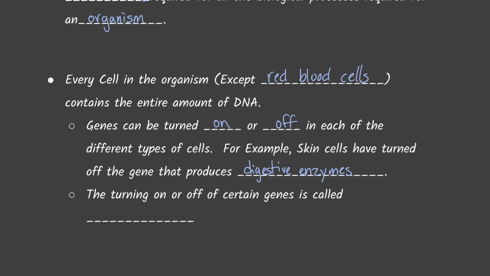In stomach cells, they would turn on the gene that produces digestive enzymes because they need to break down food, and the gene that grows hair would be turned off. So they both have those genes because they have the complete set of DNA. They can just turn them on or off. And that process of turning on or off certain genes is called gene regulation, and it's very, very important.